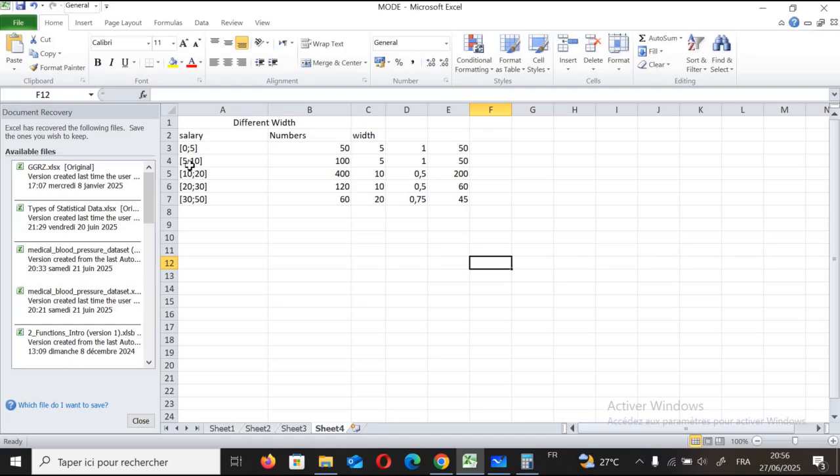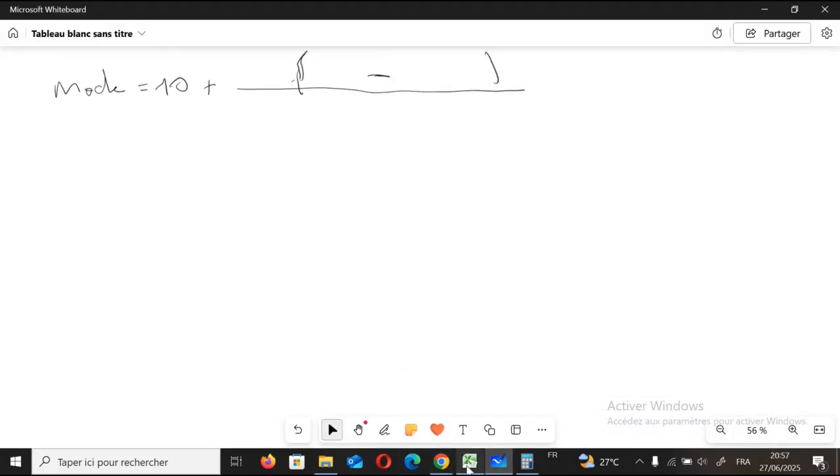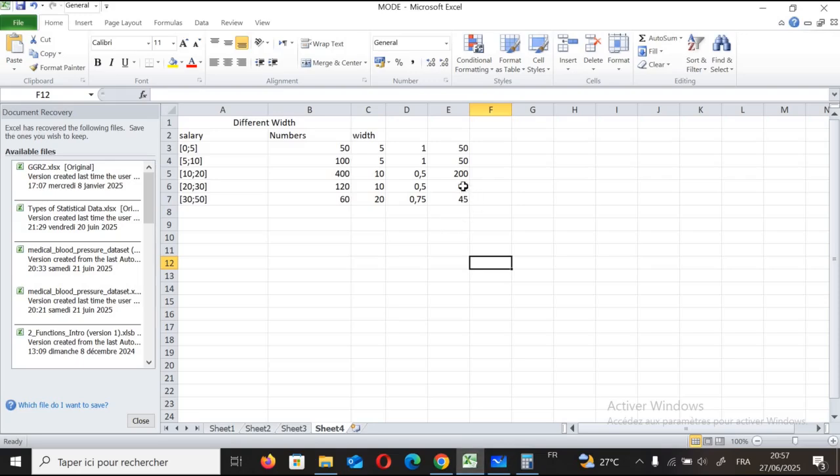The lower boundary of the modal class is 10. The frequency of the modal class is 200. The frequency before the modal class is 50. The frequency after the modal class is 60.